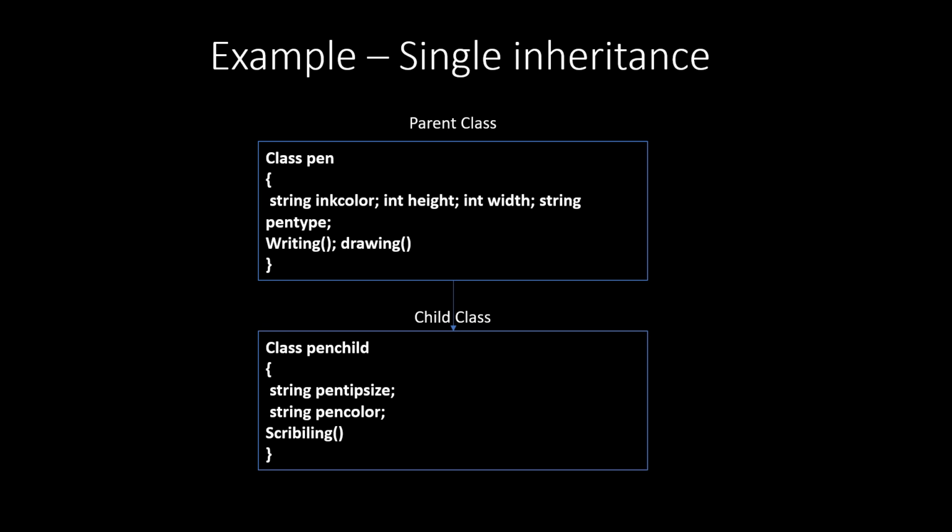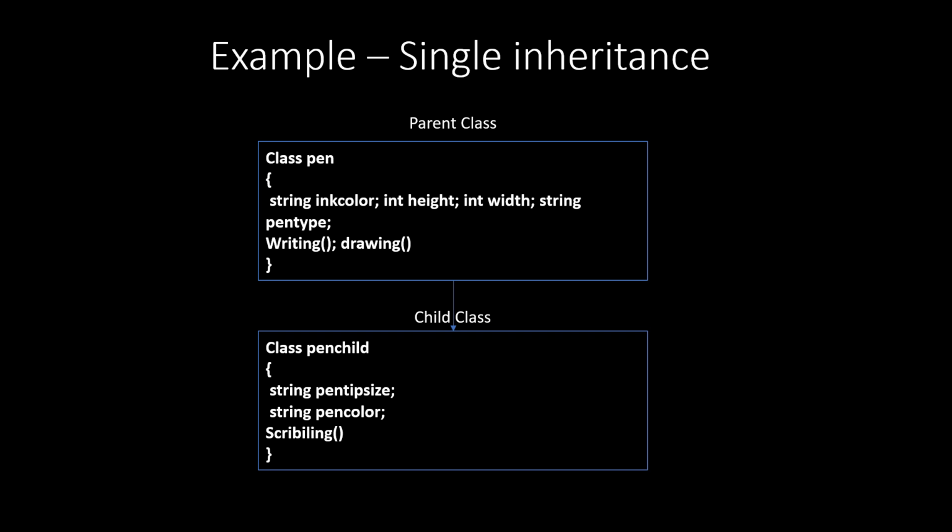Instead of that, we can extend the parent class by creating another class, a child class. Instead of adding the data members and member functions inside the parent class, we can create another class which creates a relationship between the parent and child. So here the child class is PenChild, and I have added two more properties here, and scribbling is a function here. So this is a single inheritance.